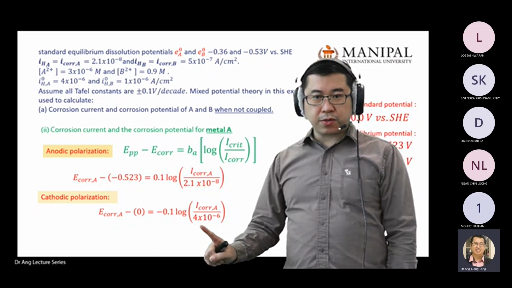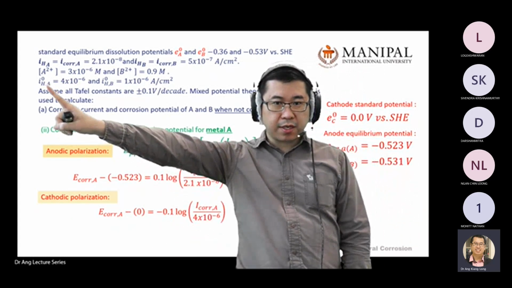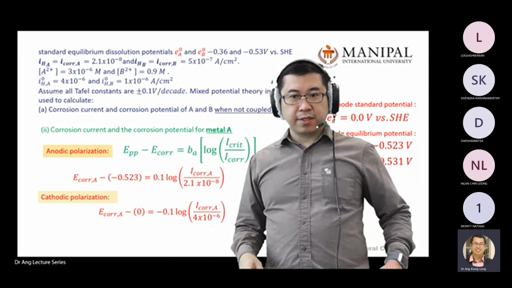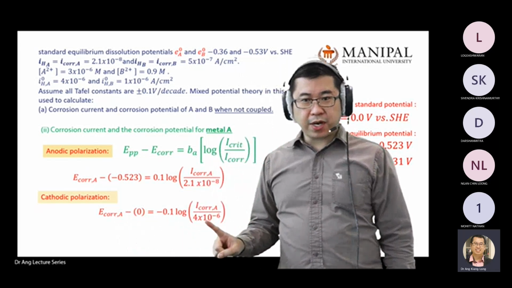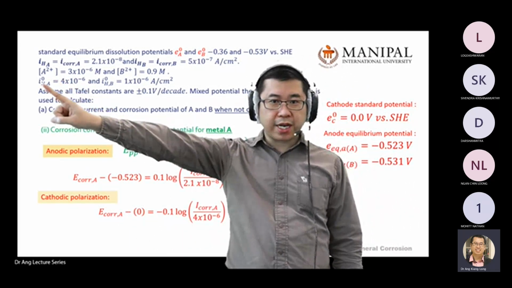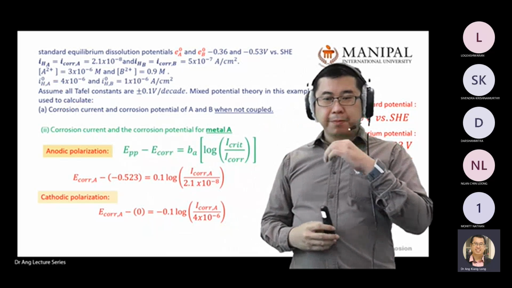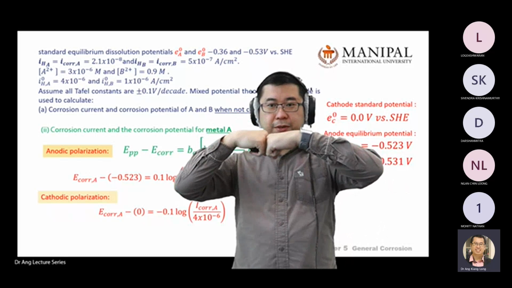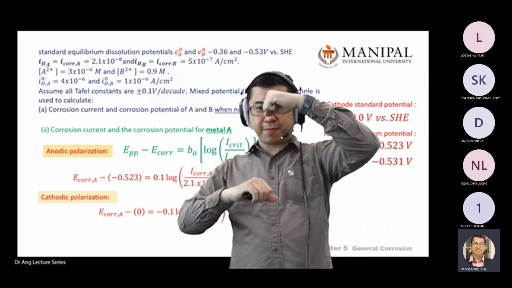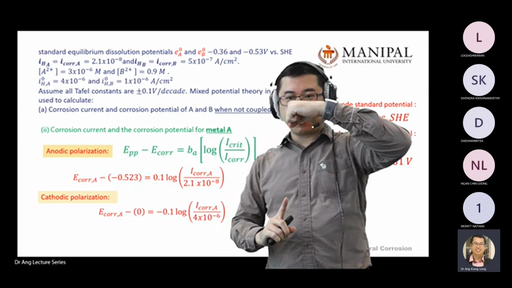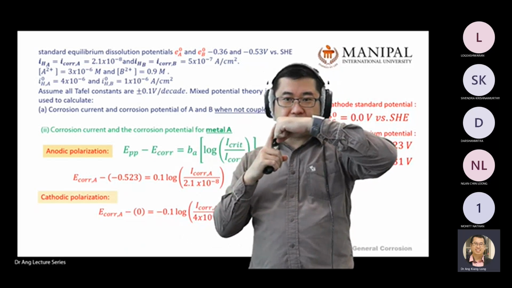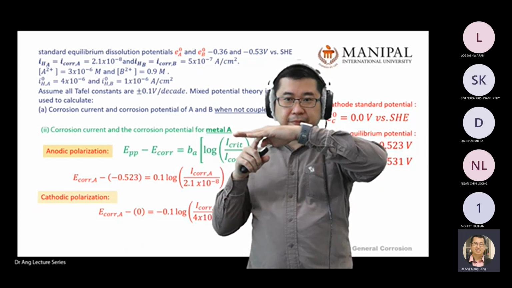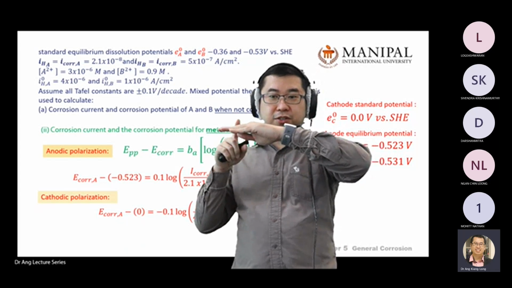For cathodic polarization, we use the hydrogen evolution value. Why do we use the hydrogen evolution current? Still go back to the foundation. When two metals meet together, they fight for nobility. Higher nobility goes up. This one sacrifices himself, contributes electrons. This one becomes the cathode, right? So on the cathode surface, you have negative charge. What does the negative charge do?